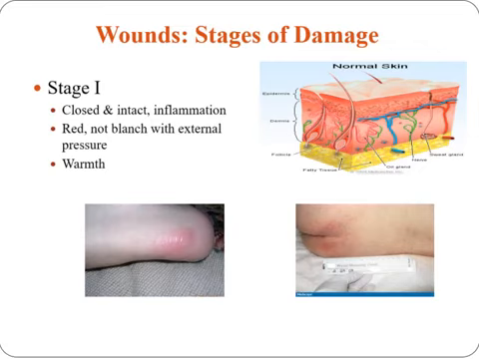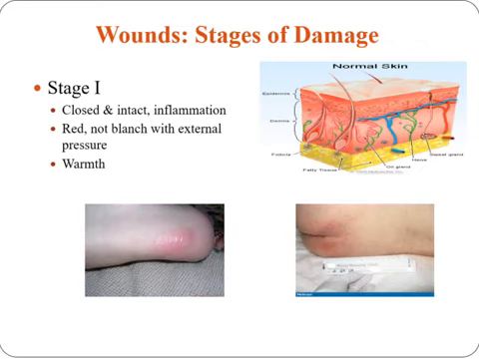So what you're going to need to do if you see those wounds is you need to touch them and feel them. So they're red. When you touch it, it shouldn't blanch. So blanching means like if you touch your skin and hold it for a second and then lift your finger, it turns white for a second and then the blood rushes back and it turns back to your skin color.